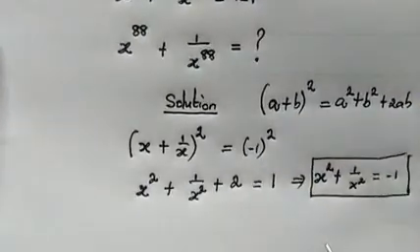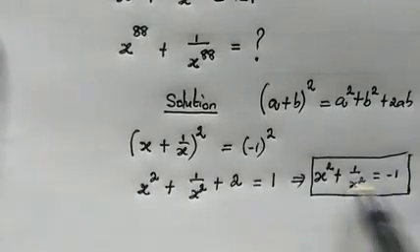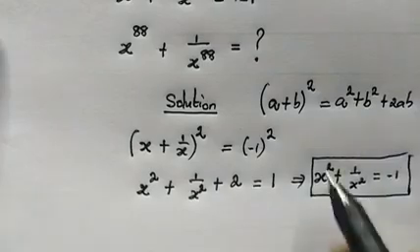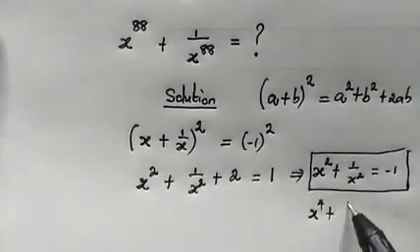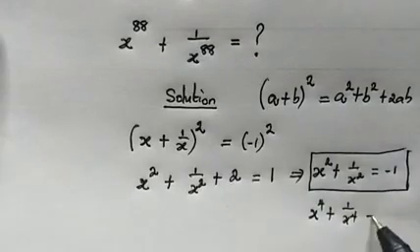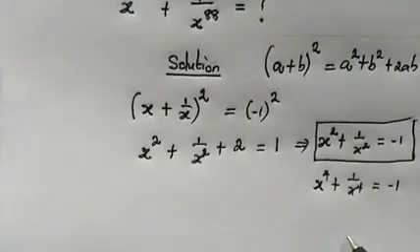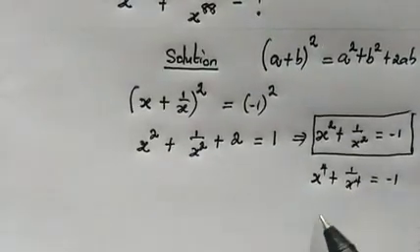Now from here, if you square both sides again and apply this property, you get that x to the power of 4 plus 1 over x to the power of 4 is also equal to -1. So this continues like this.